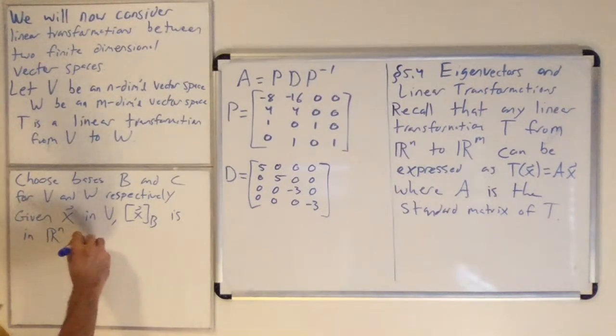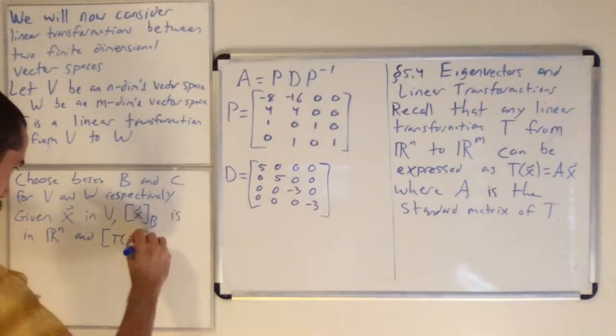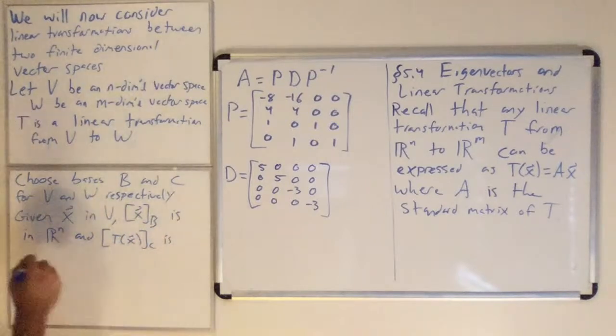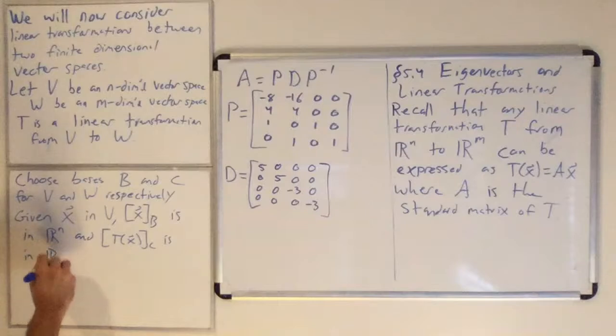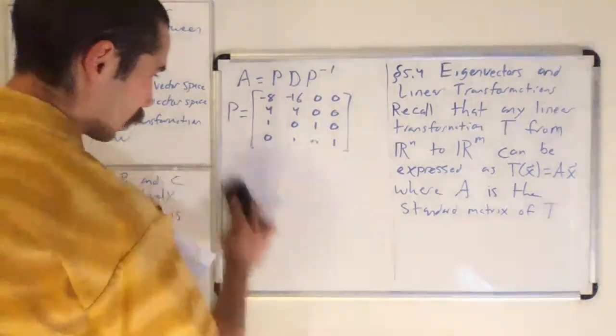And the C coordinate vector of T of X is in Rm. Okay, so we haven't really done anything yet. This is all just build up. So let's draw a picture of what we have, and then I'll answer any questions before we get to the actual math.